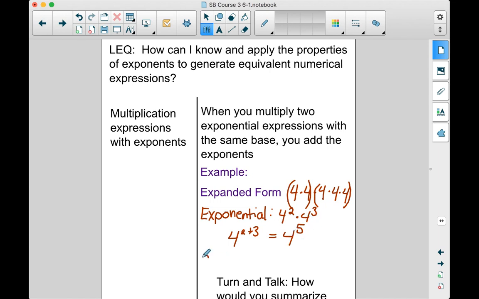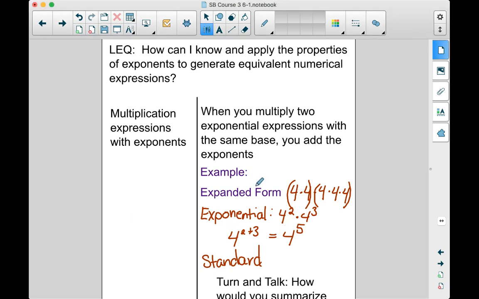And then if I wanted to express that in standard form, I could put that into Desmos. When I do that very quickly, I see that the standard version of that number is 1024.